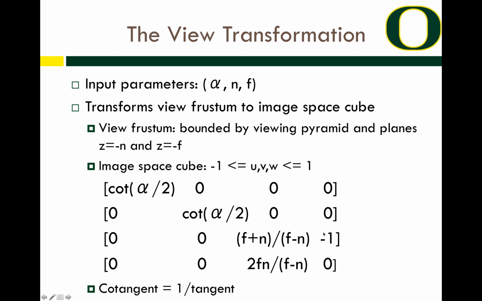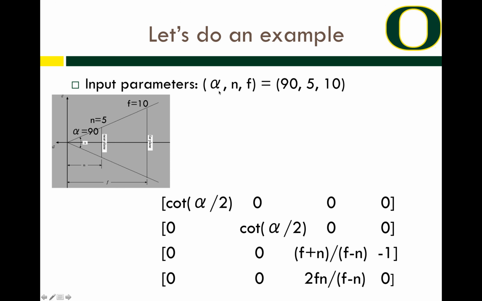And you can see here something that's unusual: everything we've seen up until now has a 1 here and zeros there, and now we've got a minus 1 in the second row, third column, and a 0 in the third row, third column. So this is the view transform. This is our third matrix. And again, you can define this matrix entirely from the alpha, near, and far.